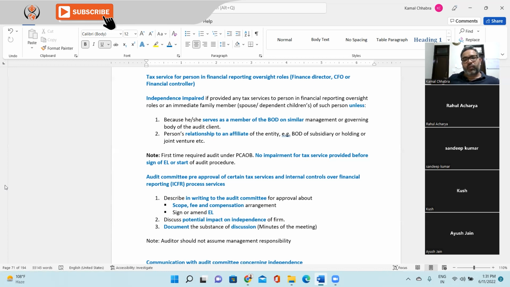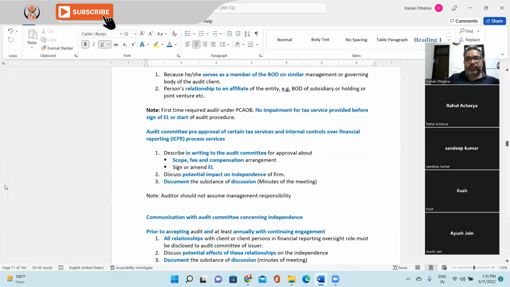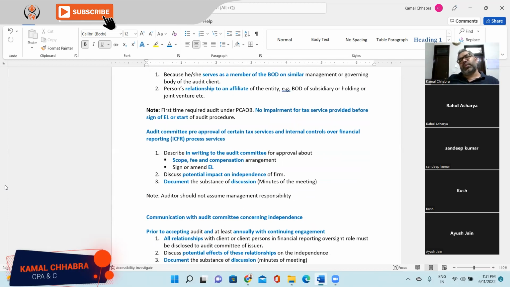Note, for the first time required audit under PCAOB, there is no impairment for tax services provided before signing the engagement letter or the start of the audit procedures. For example, in 2022, first time you are providing audit services to an issuer, but earlier you were providing consulting services or tax services to that issuer.